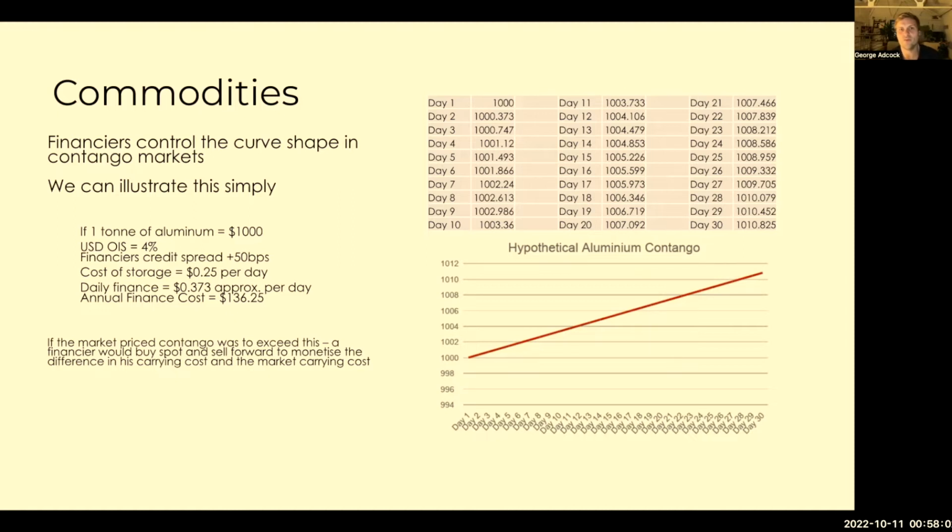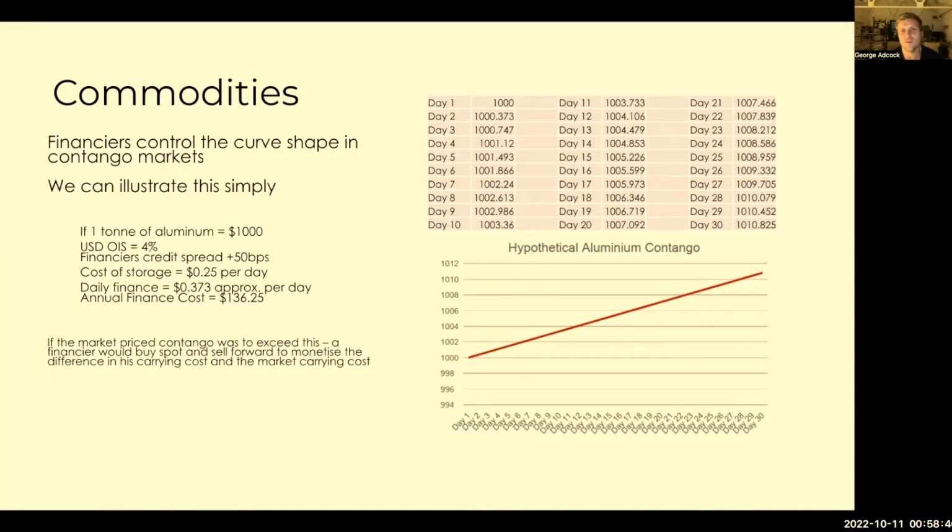So all things being equal, what you would expect is that today aluminium is 1,000, and in 1 year's time, its cost is 1,136.25. And of course, this doesn't exactly happen like this in reality. What we tend to get is surges in supply and demand, which in cases will push this beyond finance. And if we say that the finance was greater than that, what will happen is, as an example, let's say aluminium is 1,000 today and it's 1,500 in a year's time.